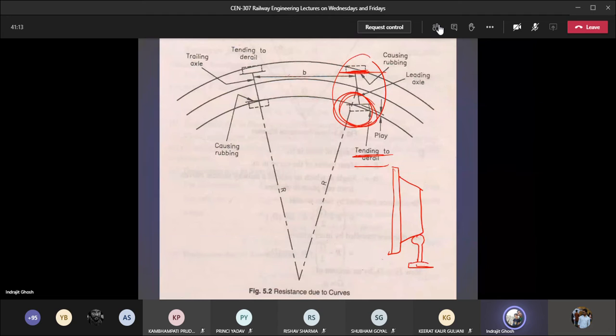This is what is happening. As the train has moved in this direction because of the centrifugal force, the radius with which the tread portion is traveling on top of the rail head, the upper table of the rail, is going to reduce, whereas for the other rail the radius is larger.